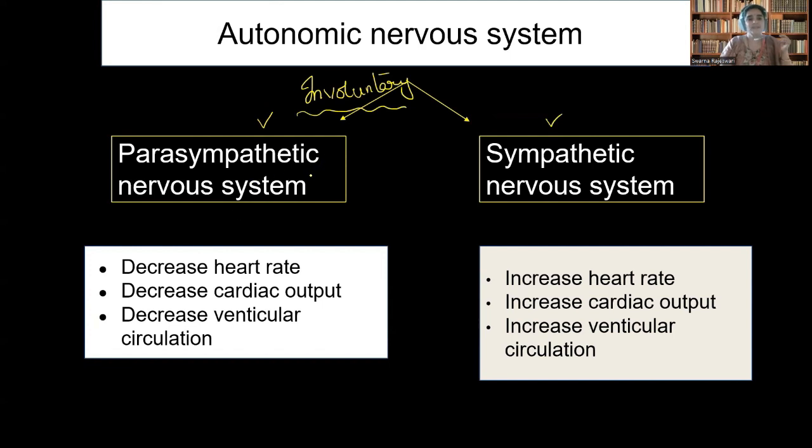In the parasympathetic nervous system, it causes a decrease in the heart rate as well as a decrease in the cardiac output. Whereas the sympathetic nervous system causes an increase in the heart rate, an increase in cardiac output and even an increase in the ventricular circulation.